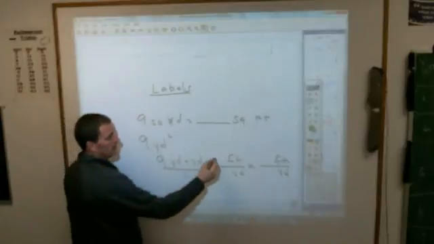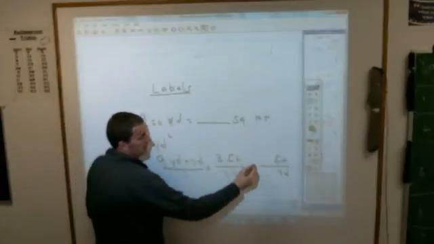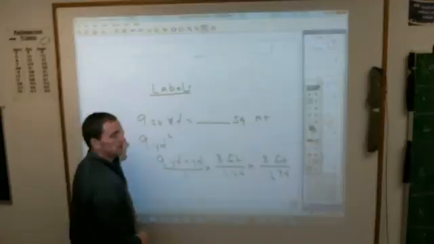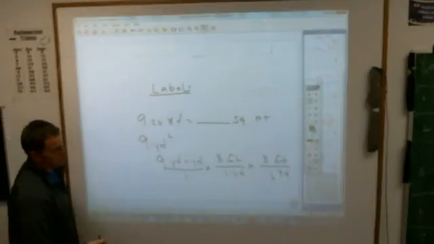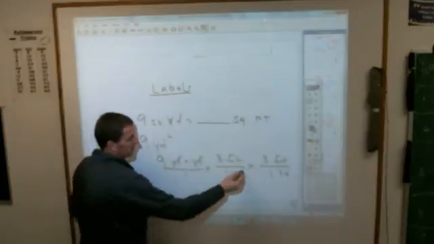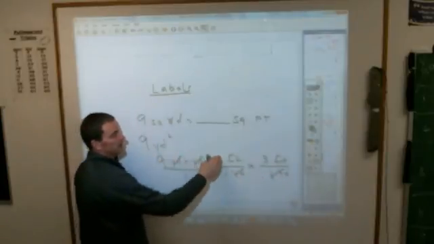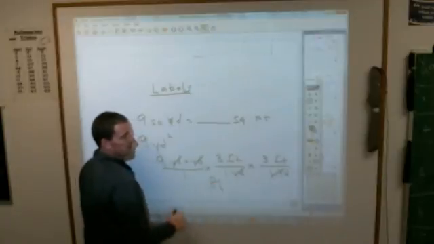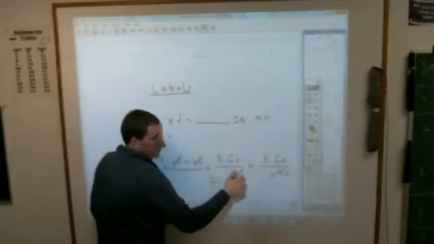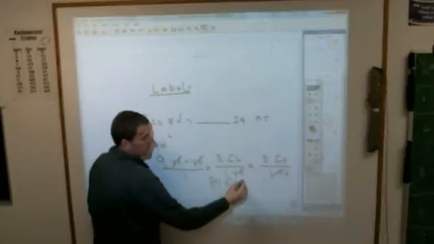And I know that there are 3 feet in a yard, 3 feet in a yard. And then you just do the math. The labels cross off, and you're left with 9 times 3 times 3, which is where we got 81. What's left for labels? Feet times feet, which is feet squared.